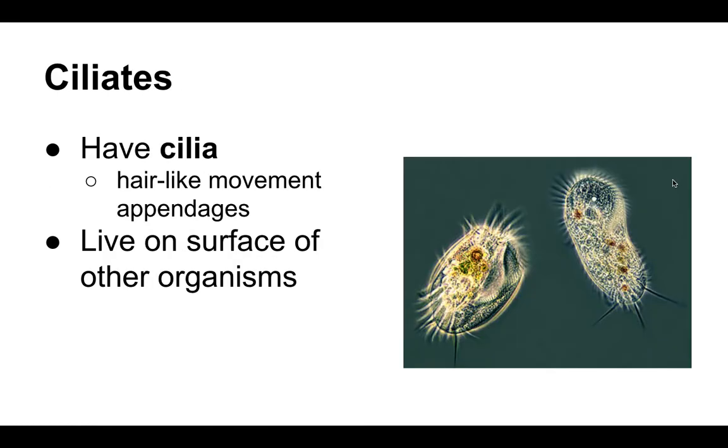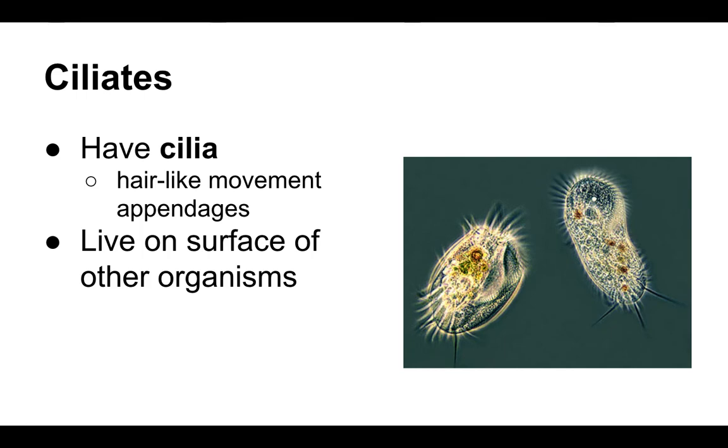And then our last one are our ciliates. Cilia are these little hair-like appendages on the outside of cells that help something to move, so they'll flutter these and glide throughout the water. We are mentioning them here because they live on the surface of other organisms and can act as a parasite or as a beneficial symbiote.